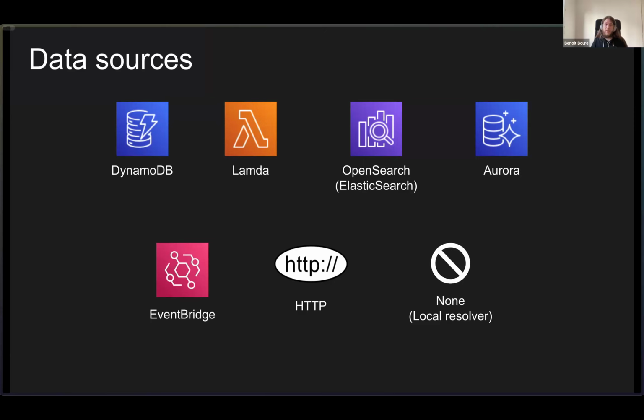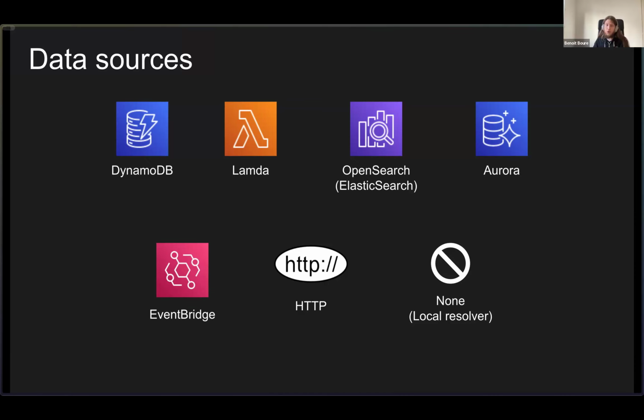You can also use an AWS Lambda function if you want, which gives you a lot of flexibility because you can use it to write your resolvers in any language you want, get information or data from data sources that are not supported by AppSync by default, and gives you a lot of flexibility around business logic, like you can do more stuff if you want.